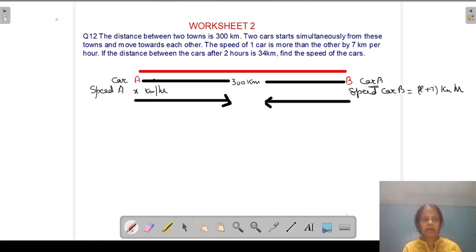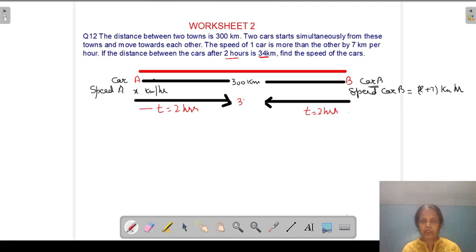According to the question, after 2 hours, this car has also been traveling for 2 hours, and this car has also been traveling for 2 hours. So after 2 hours, the distance between them is 34 kilometers.